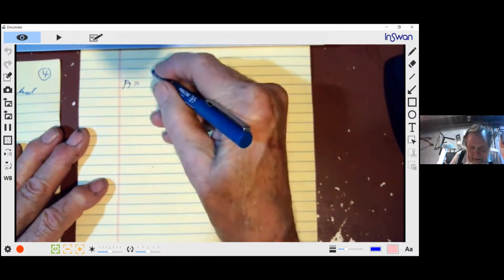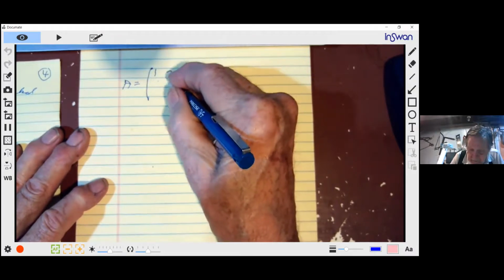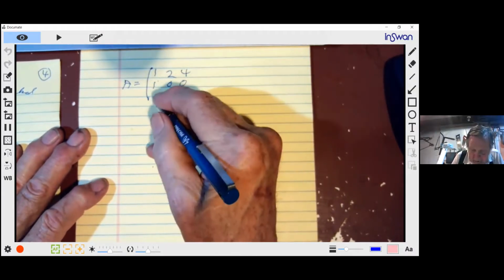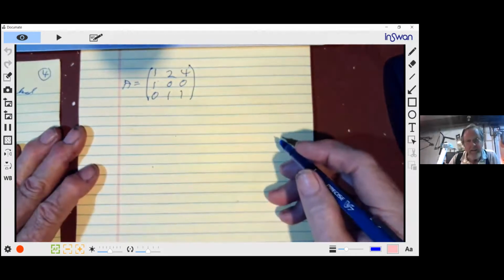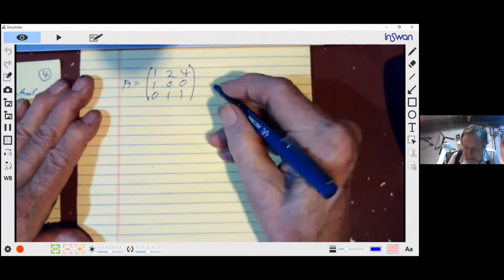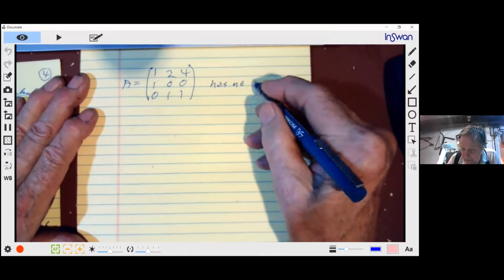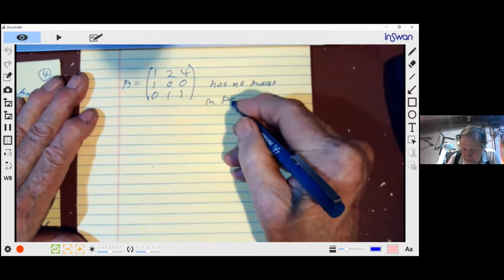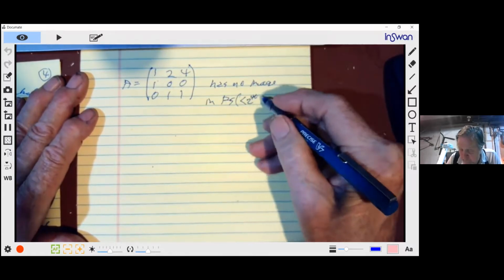But let's take here the matrix 1, 2, 4, 1, 0, 0, 0, 1, 1. That has rank equals 3. And it turns out that that has no image in the finite sums of the 2 to the 4t.